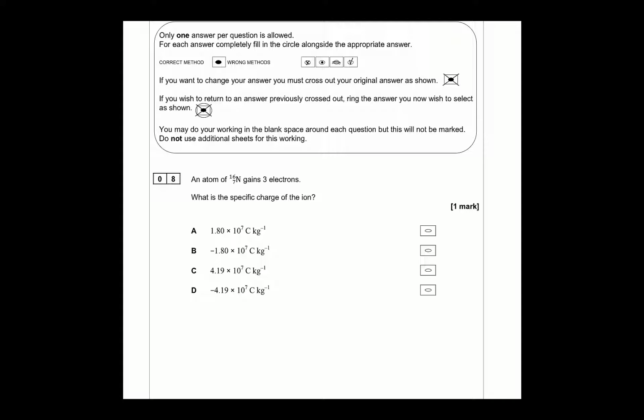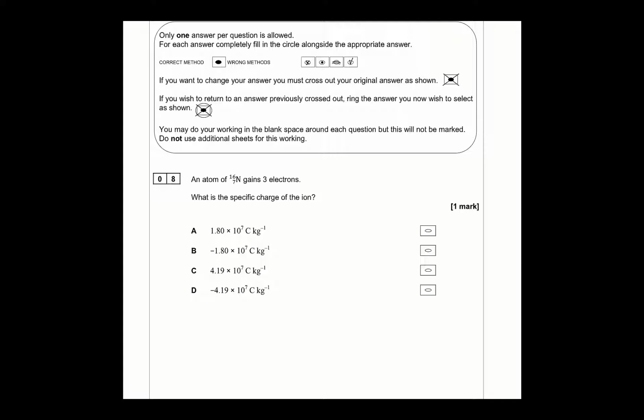Well, the specific charge is going to be 3 times 1.6 divided by the 16 times the mass of protons or neutrons, the mass of nucleons.